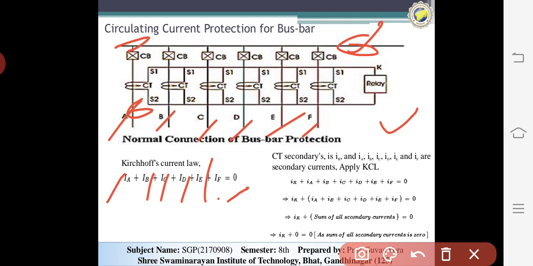Now we can consider that the secondary current must also be equal to 0. So they are connected in parallel with the CT secondary currents IA, IB, IC, ID, IE and IF, and applying the KCL at node X.